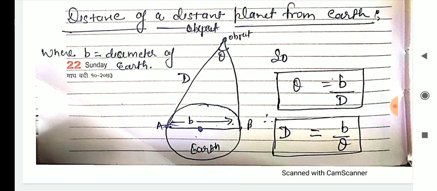Now what will we observe? How will we calculate the value of capital D?